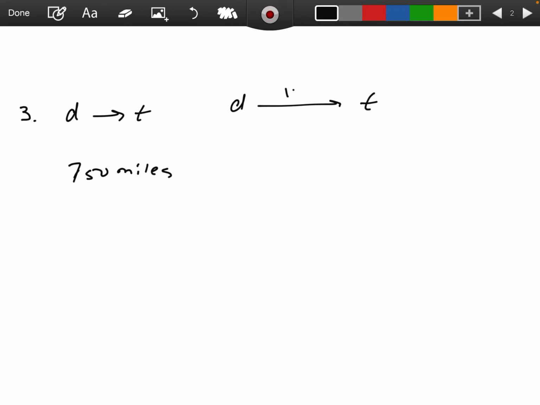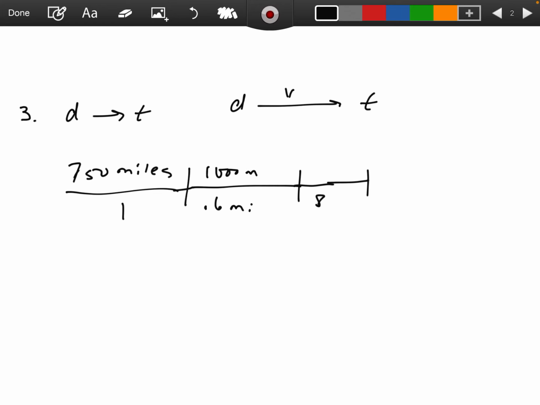Somewhere in the middle you're going to have speed, and the speed that I gave you is in meters, so we have to change miles to meters, and we know that 0.6 miles is 1 kilometer or 1,000 meters, so 0.6 miles is 1,000 meters, and then I can use the speed that I gave you, 8 meters per second.